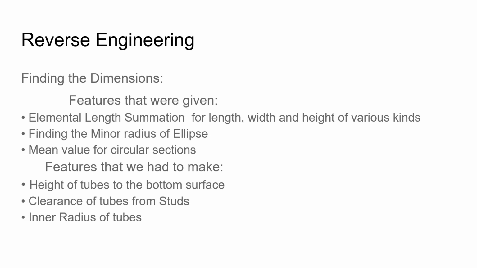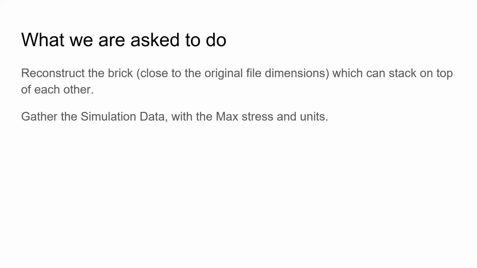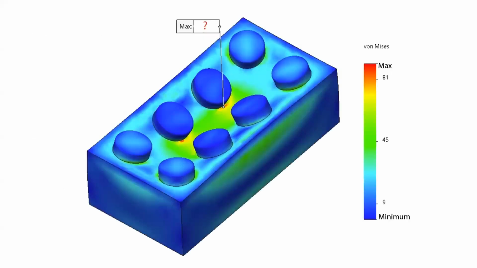And for calculating the height, we used the vertex on the corner, which also observes the least deformation and displacement. Then a major challenge was to find the radius of the studs on top of the brick, because the deformation gave the studs an elliptical shape.